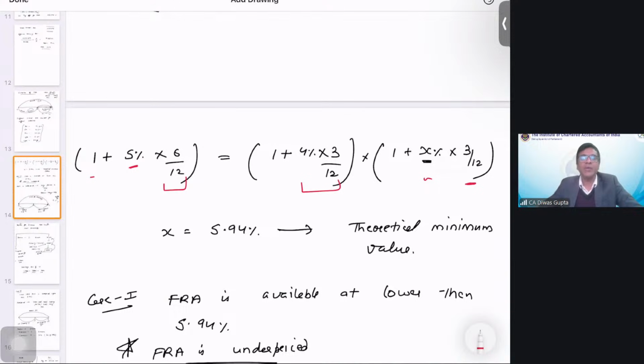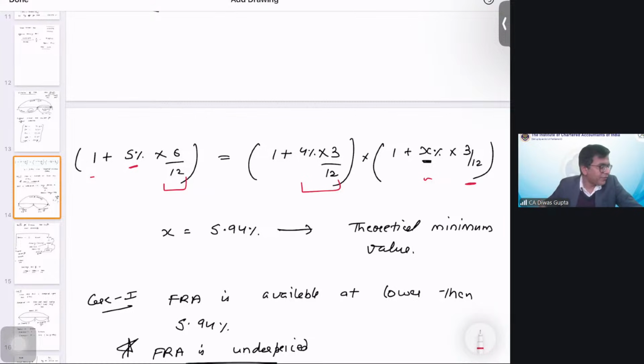So we are trying to equate the 6 months interest value to the 3 months interest value into another 3 months interest value. The reason is that the market will always operate on equilibrium.